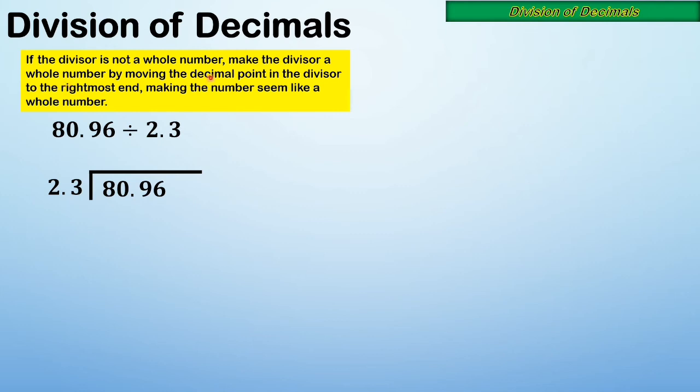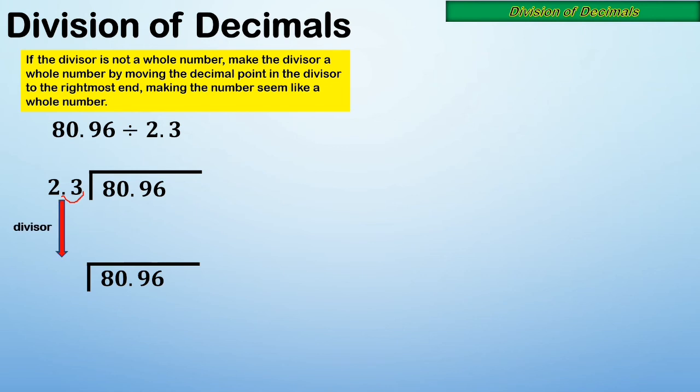Sabi dito is we will make the divisor a whole number by moving the decimal point in the divisor. Okay, we will move this decimal point to the rightmost. It means dito, to the rightmost. Okay, kuha ko ng pen. To the rightmost, dyan. Okay, i-move natin para magiging whole number na siya na 23.